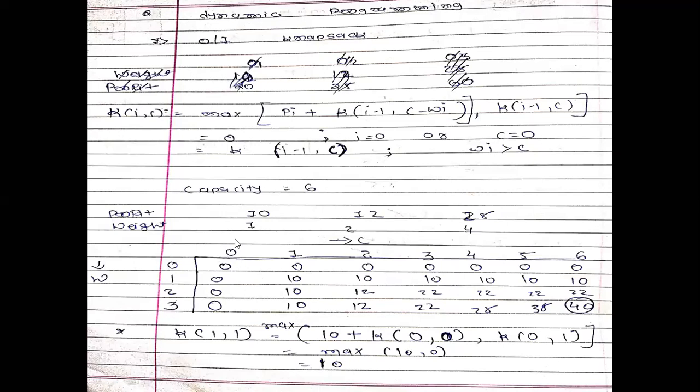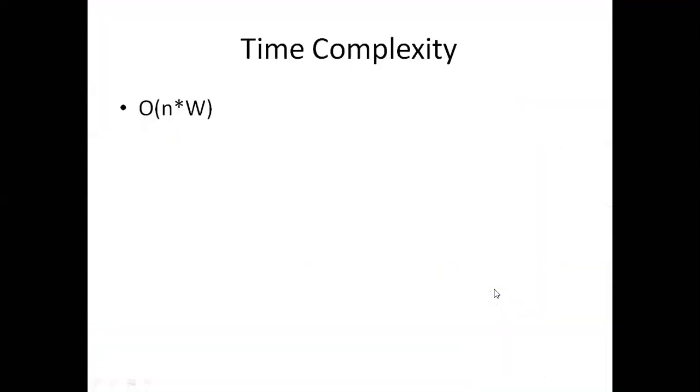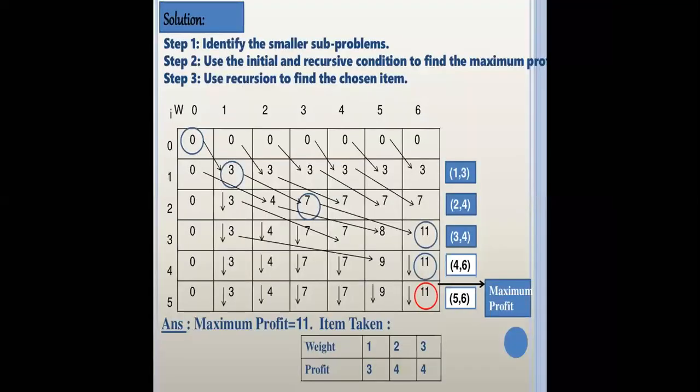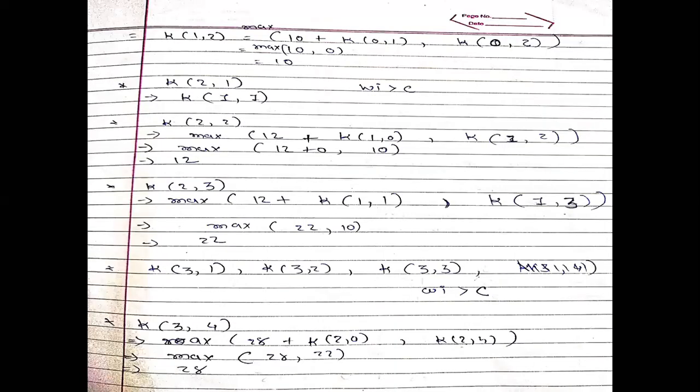And for the third item also we have calculated the formula from 0 to 6. So that means the total time complexity is n into weight. Done? So that is about your knapsack problem. That's it for today, and that is known as the 0-1 knapsack problem.